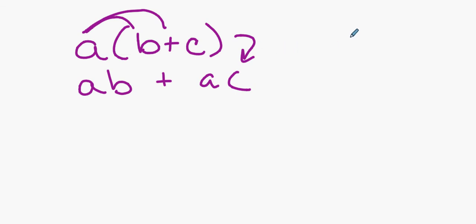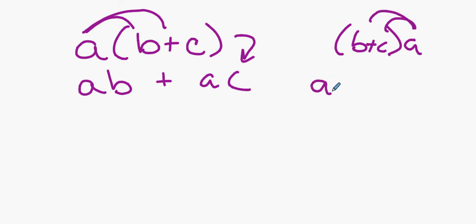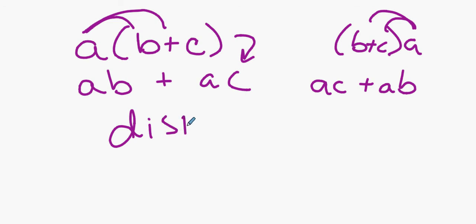Another way to show that is, because of the commutative property of multiplication, we can distribute backwards and say AC plus AB, which is going to be the same thing. Two ways to show that distributive property. To distribute looks like what we just did. And we're going to be doing that all the time.